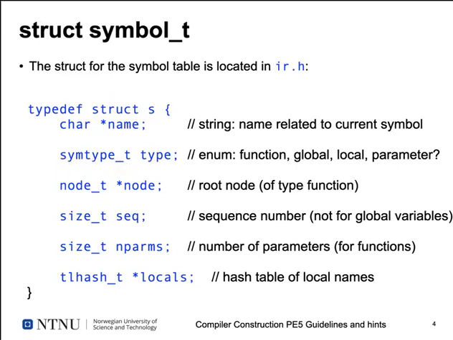This enum tells us whether this is a function, a global, a local variable, or a parameter of the current function. We have a root node of type function we can point to. We can have a sequence number, which we see later. For functions, we also have a structure element giving us the number of parameters of that function. And finally, we have a pointer back to our local hash table for local names in our symbol_t struct.